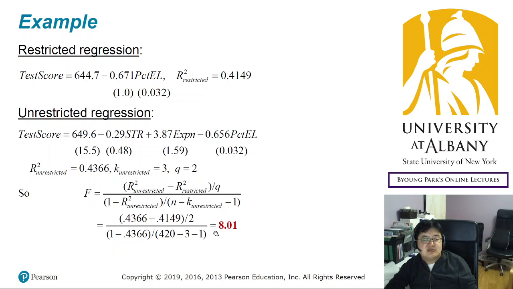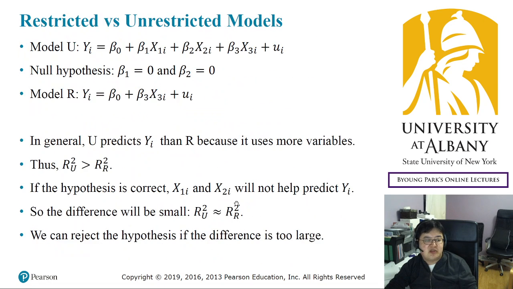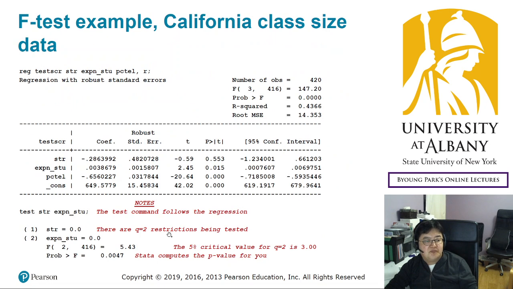However, another problem here is that it assumes everything is homoscedastic. So the result is actually different from the earlier one, because that one is using robust standard errors.